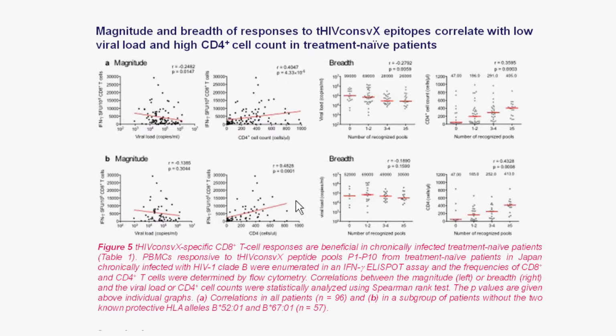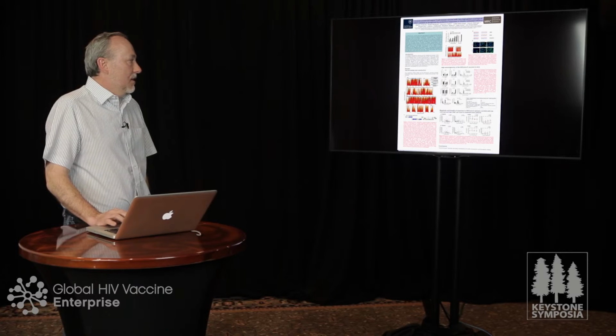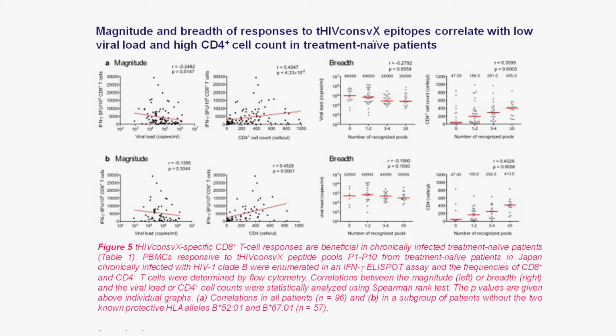If we take out patients which have protective HLA alleles, we lose the significance of the correlation with the virus load, but we have maintained the significance of the magnitude and the breadth with the CD4 cell count, and that is the more important clinical observation. So this last figure suggests that we are potentially going to induce protective immune responses that can benefit the patients.